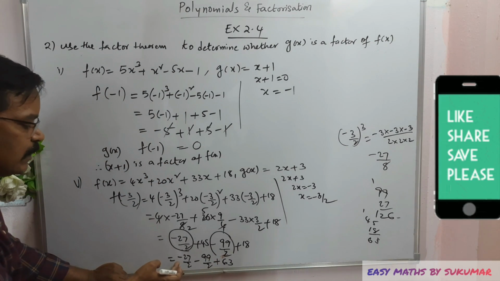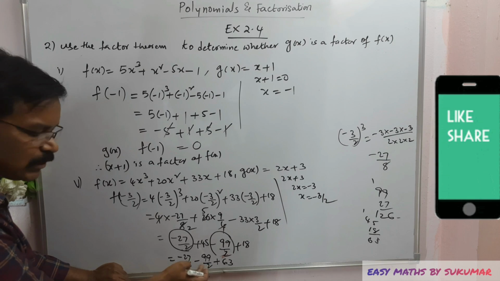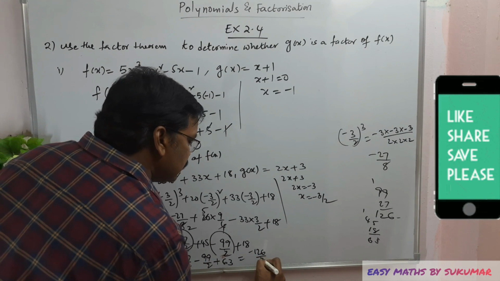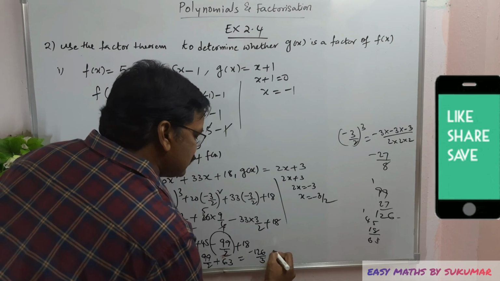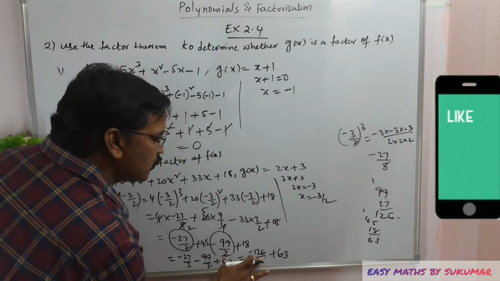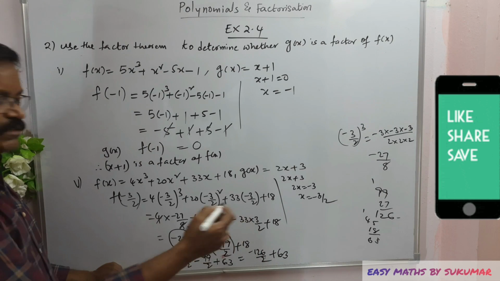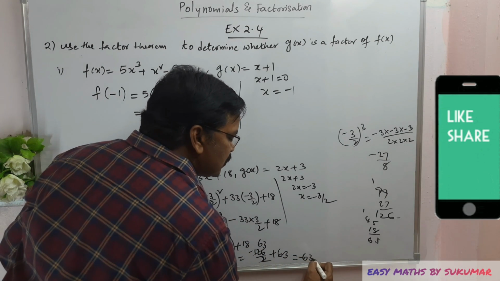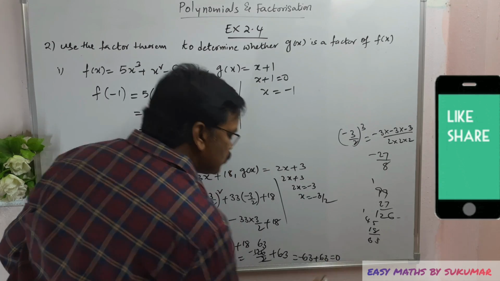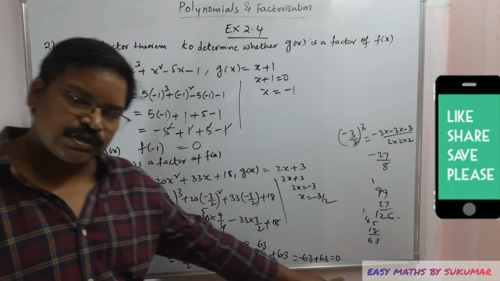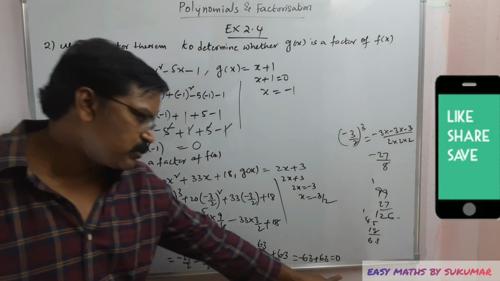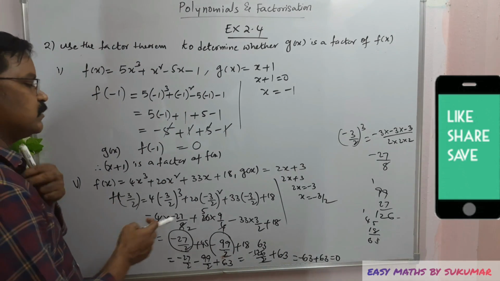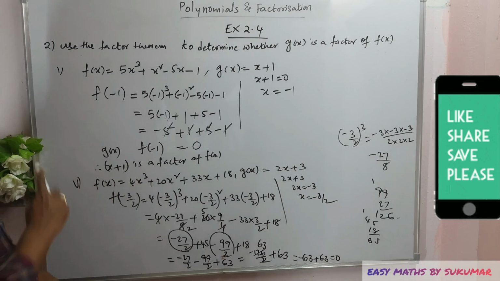Minus 27 minus 99 are like fractions, so this is minus 126 by 2 plus 63. So this is minus 63 plus 63, which is equal to 0. So the remainder value is 0. That means f of minus 3 by 2 is equal to 0. Therefore, 2x plus 3 is a factor of f of x.